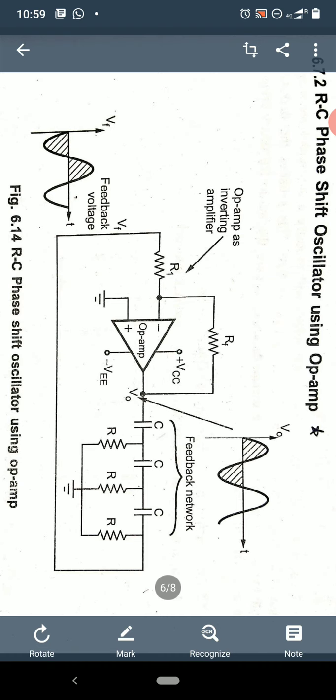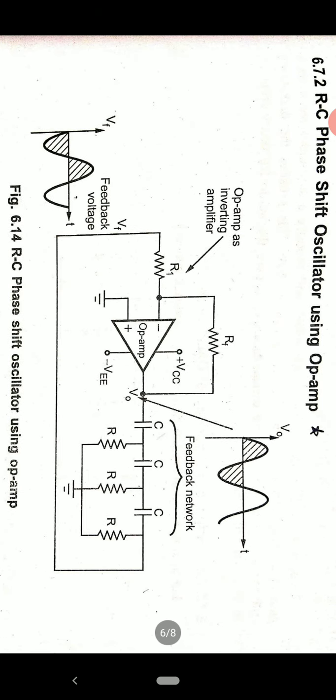Coming to this diagram, let us understand how we can satisfy these two conditions. The op-amp stage, used as an inverting amplifier, will give a 180 degree phase shift, and the three RC sections used in the feedback network together will give another 180 degree phase shift. That means each RC section gives 60 degrees. So a total of 180 is given by the feedback network and 180 by the op-amp.